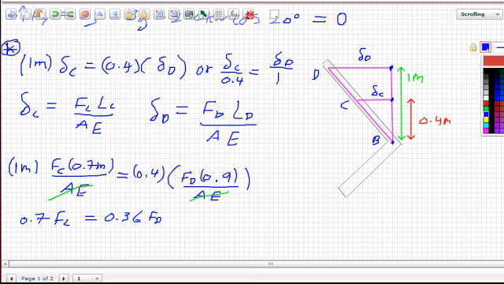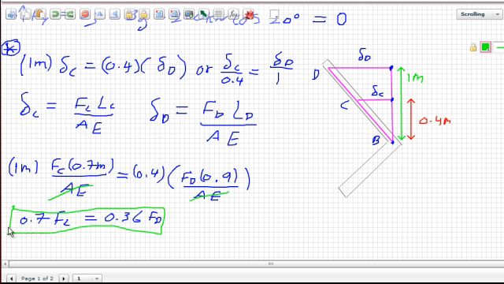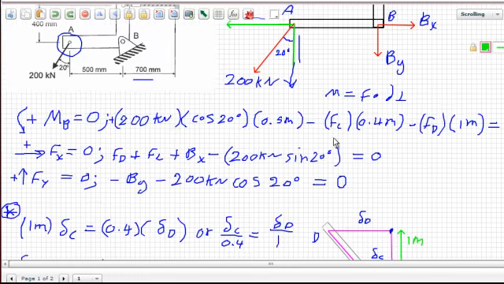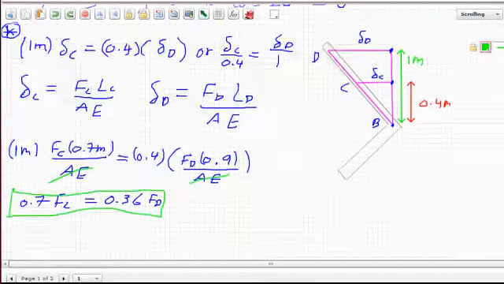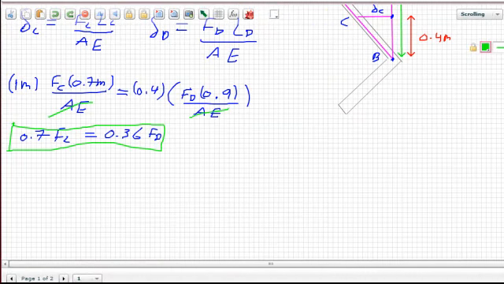And now what we have over here is actually a pretty good equation because it relates FC to FD, so this is perfect for us to use along with our moment equation, which also has FC and FD in it. So we have two equations, two unknowns. If we simultaneously solve for both of those equations together, we can figure out FC and FD.